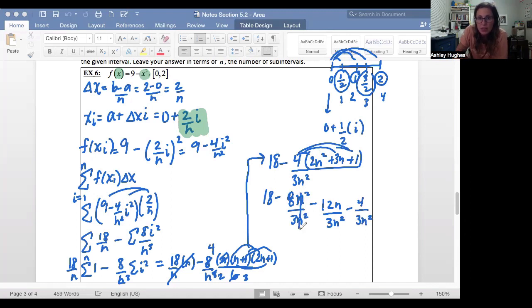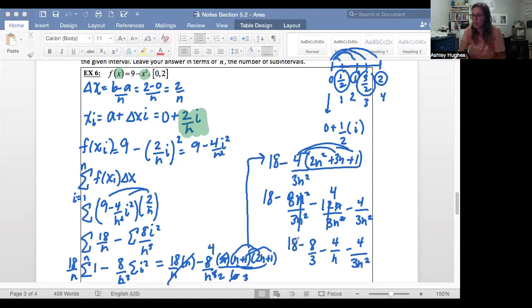And then I can simplify, those cancel, and those would cancel with 1. So I have 18 minus 8/3, minus 12 divided by 3 is 4, so 4 over n, minus 4 over 3n squared.